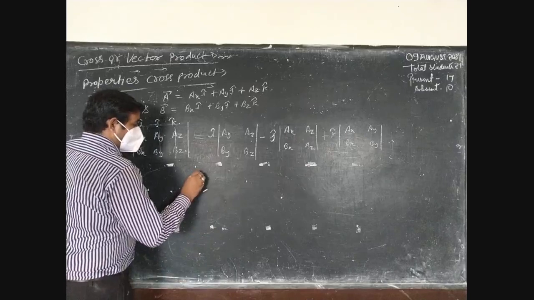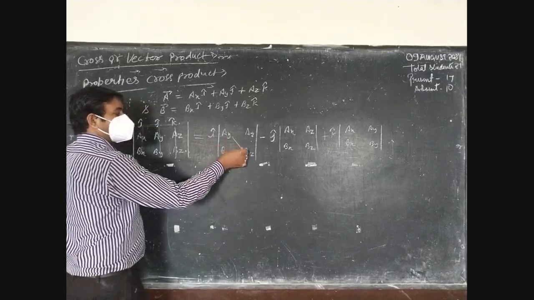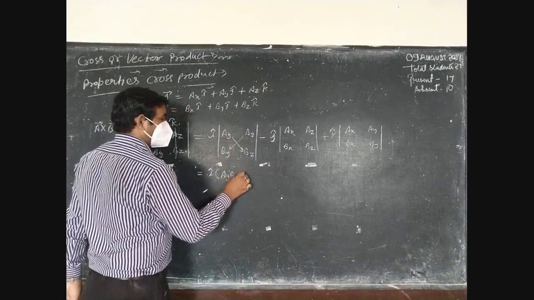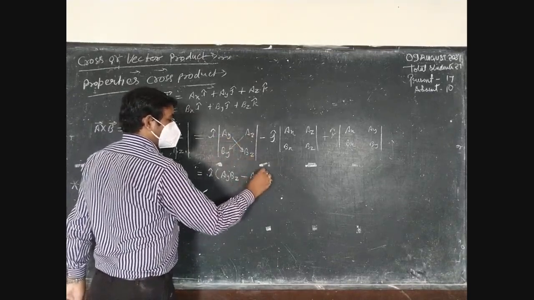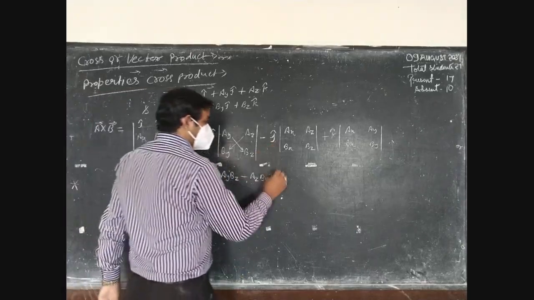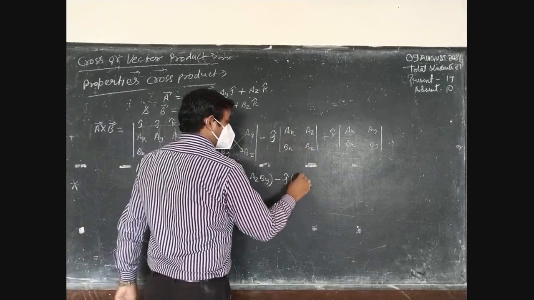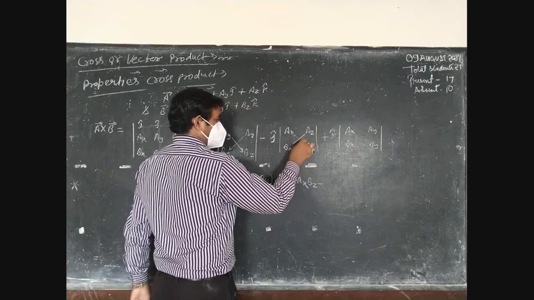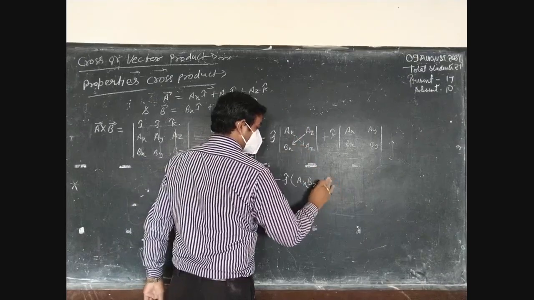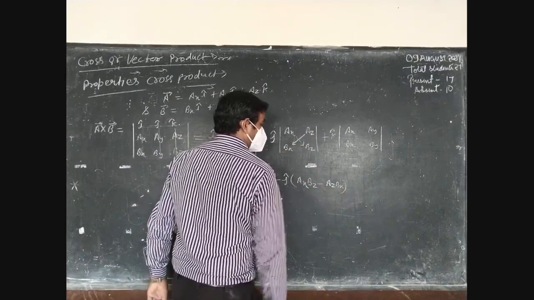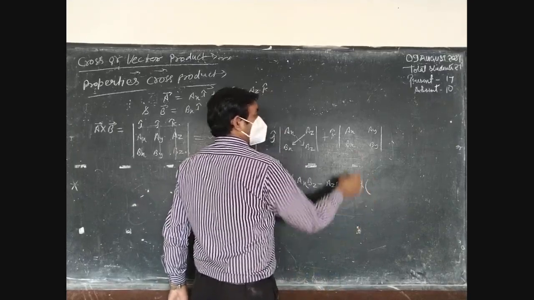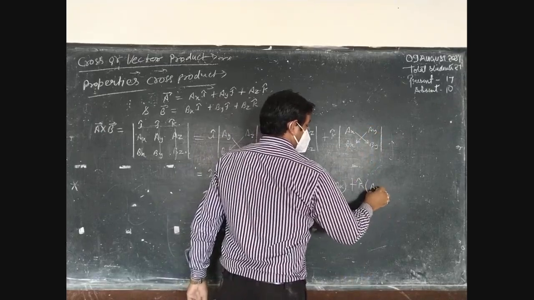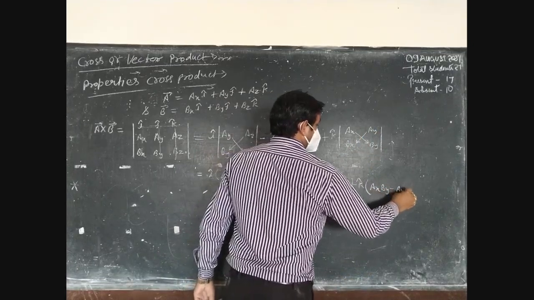Now, this I cap is written as multiply this and this: ay bz minus az by, and then minus j cap, ax bz, apply minus in between, and az bx, and plus k cap, multiply ax with by and then ay with bx: ax by minus ay bx.